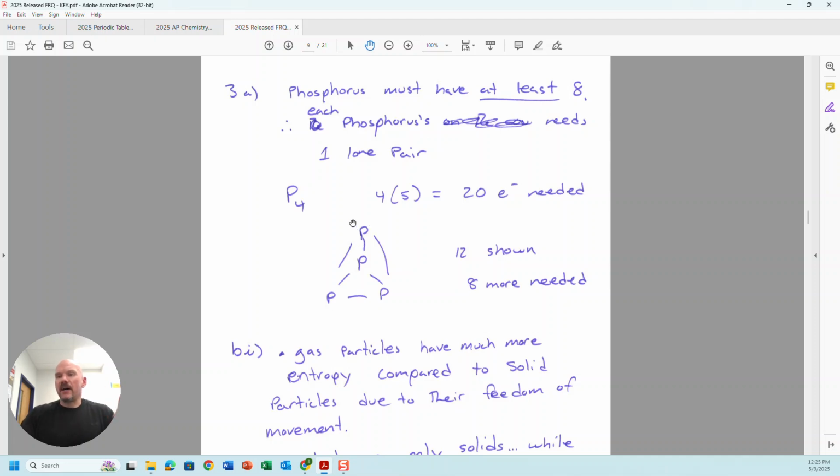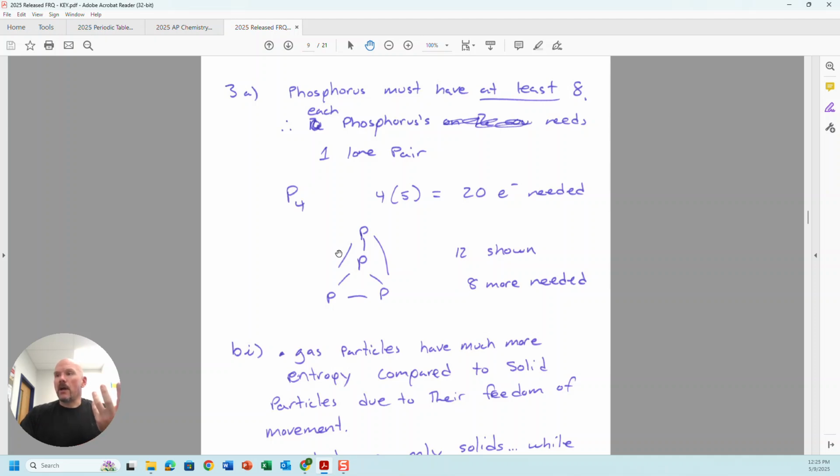So phosphorus has 5 valence electrons, and you have 4 phosphoruses, and it doesn't have a charge or anything. So 4 times 5, 20 electrons. If it was a -1, you would add another electron to it. Like if it was -3, you'd add 3 more electrons. If it was a positive ion, you would subtract that many electrons. But I have to have 20 electrons in my drawing because that's how many valence electrons each phosphorus atom is bringing to the table. So that's number 1.